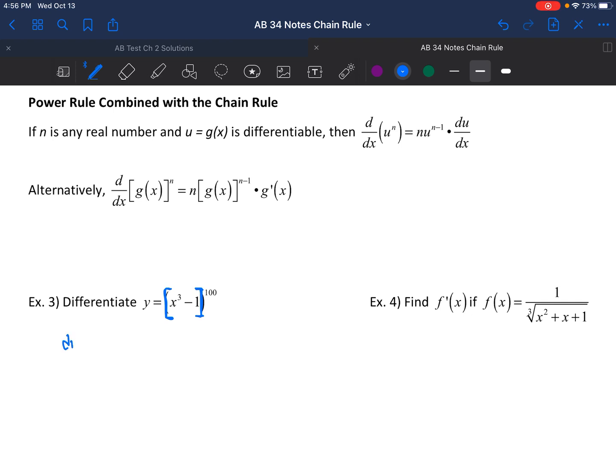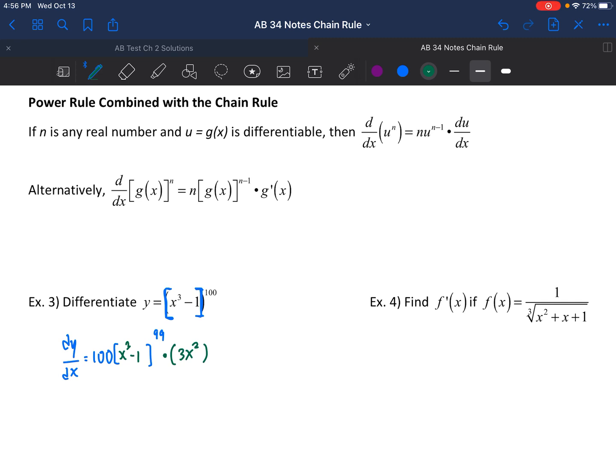Taking the derivative, dy dx, I'm going to apply the power rule to the outside function. 100, subtract 1 from the exponent, 99. Notice I'm going to keep the interior function the same, x cubed minus 1. I'm going to multiply now by the derivative of the inside. Derivative of the inside, well, x cubed is 3x squared.